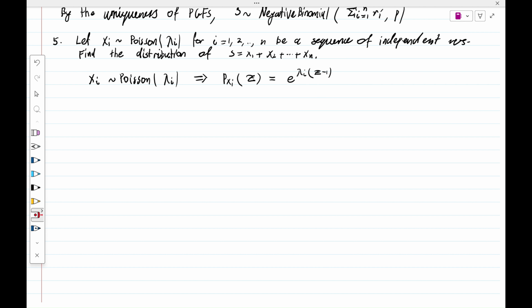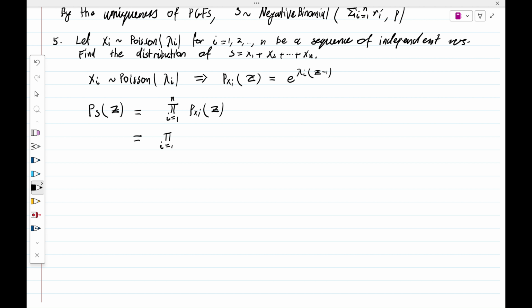Now, we have lambda i as our particular rate parameter rather than just a generic lambda. Because they are independent, the probability generating function of the sum is equivalent to the product of the respective probability generating functions of the xi.